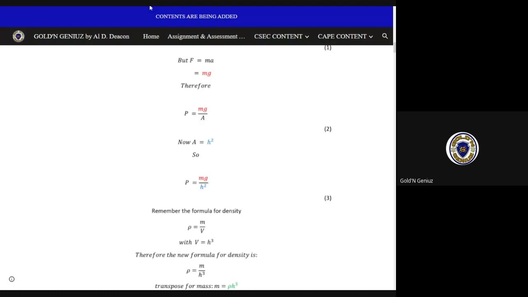Are we following so far? Are we seeing how I got P equal mg divided by A?